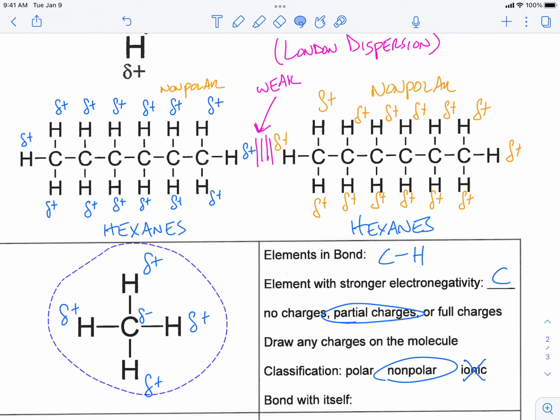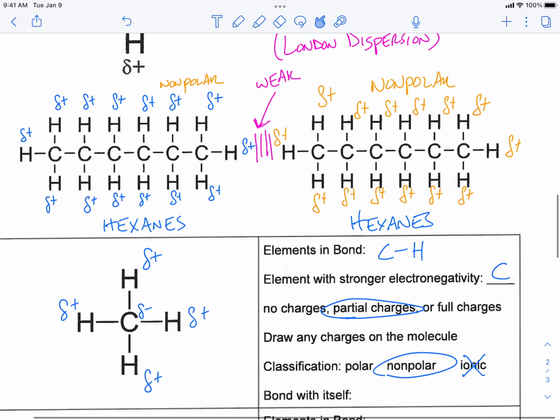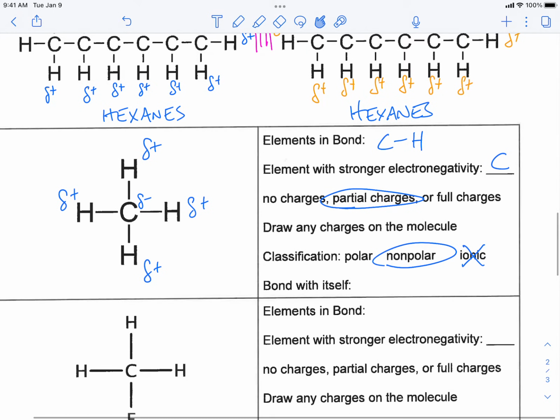And we're going to have the same intermolecular bond that we had before, because this bond between the hexane, positive next to positive, is very weak, and that's going to be a London dispersion bond. All right? So anytime that you have nonpolar molecules bonded with itself, then you're going to have London dispersion bonds.